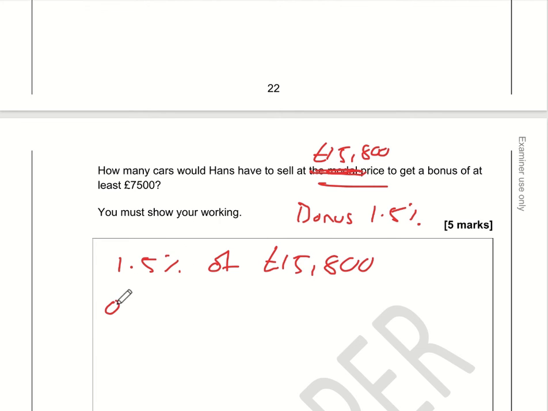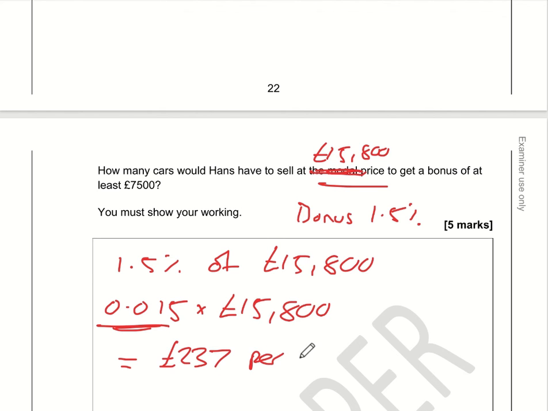Well, our calculation is 0.015 multiplied by 15,800. And if you're not sure where this number comes from, if you're trying to work out a percentage of a total, we need a percentage multiplier, which is the percentage amount divided by 100. So that's where the 0.015 comes from. And that comes to a total of £237, and that's the bonus he gets per car.